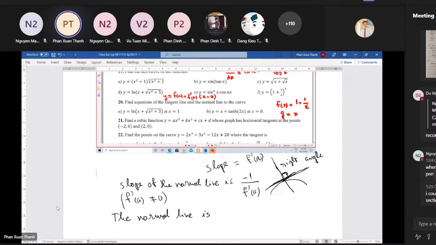So y equals f at a, here -1 over the derivative of f at a, multiplied by x minus a. This is the equation of the normal line.